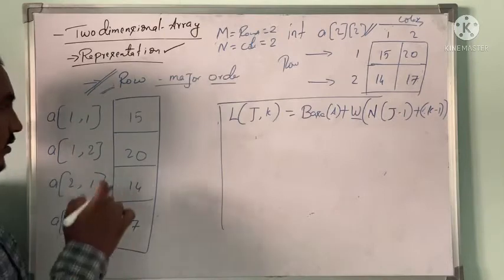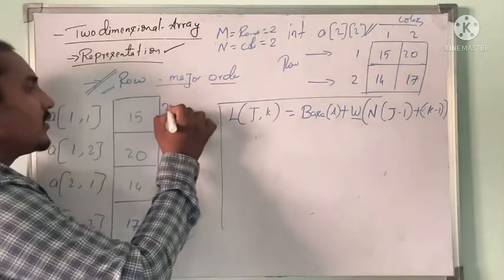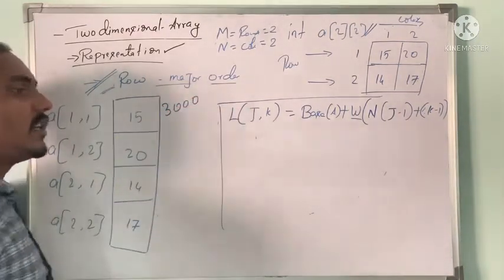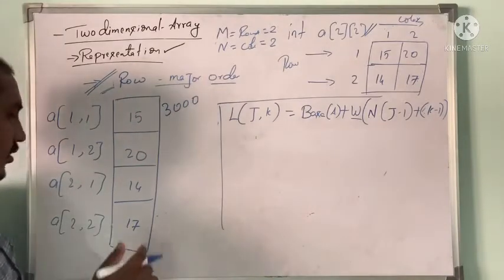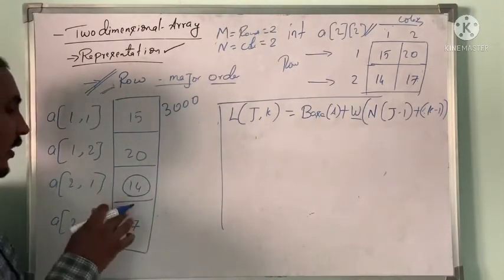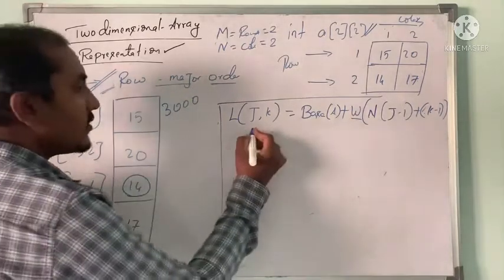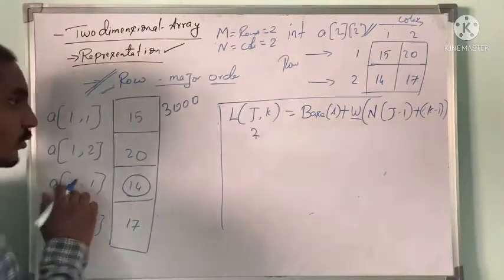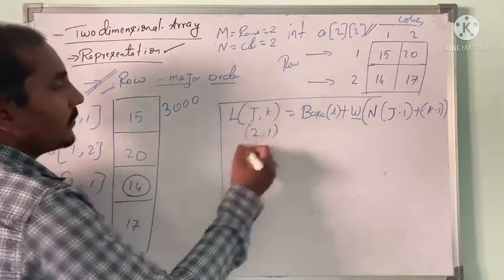In this case, the same thing, if I consider the base address as 3000, suppose I want to find the address of the 14th element, I need to find the address, and in that case j will be 2 and k will be 1.